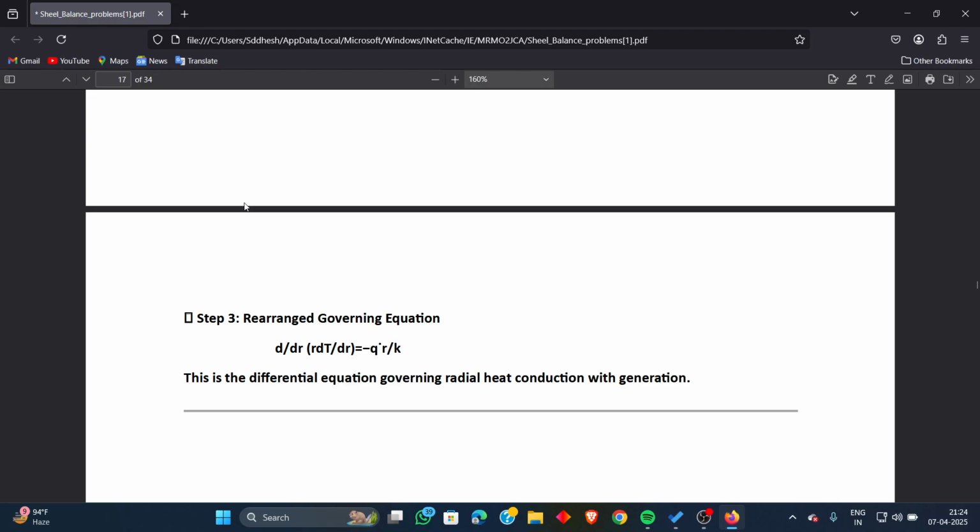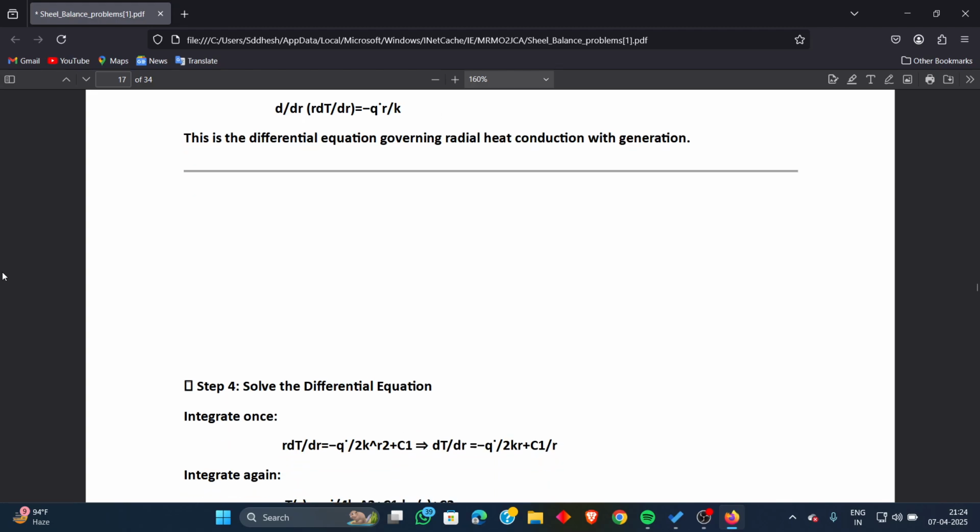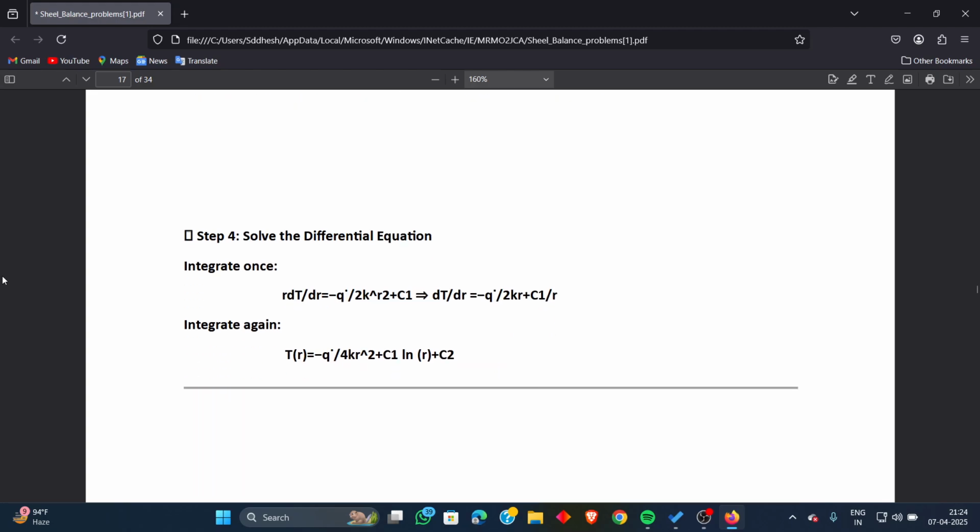rearranged governing equation. This is the direct differential equation governing radial heat conduction with generation. Step 4 was solving the differential equation and getting T(r) is equal to minus q dot upon 4k R square plus C1 ln R plus C2. This is step 4.